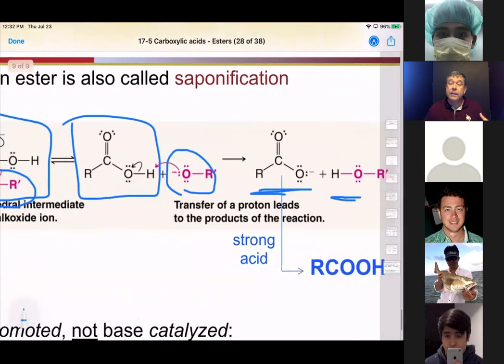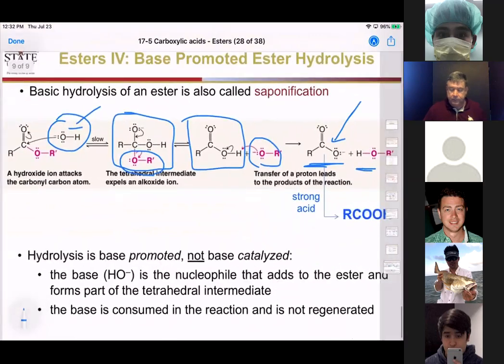Now, if you're doing this heated and your alcohol boils out of solution, you're driving the reaction to the deprotonated carboxylic acid. At the end of the reaction, you acidify your product and you will generate your free carboxylic acid. Okay. So the reaction mechanism is very different because we're using a strong nucleophile.